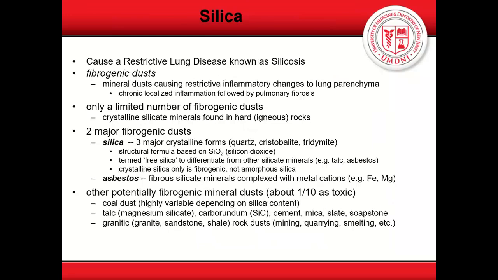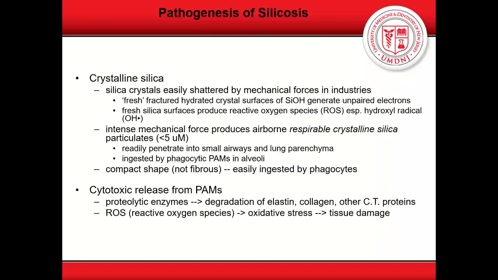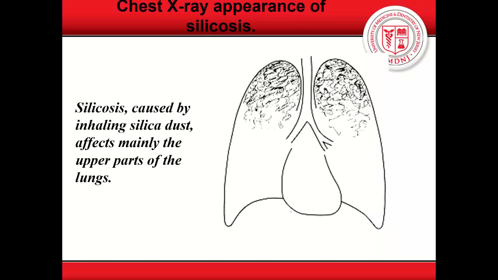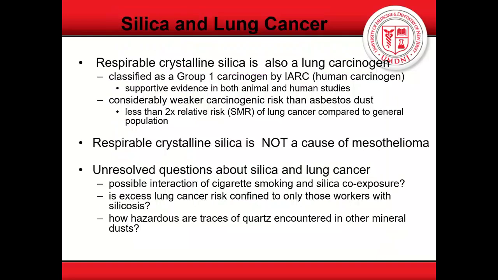We talked about silica and how silica could result in silicosis, and then we talked about asbestos, right? So crystalline silica versus asbestos. So know the mechanism of action of crystalline silica, how you would see it in an X-ray in a patient that got exposed to it, and silica and lung cancer, right?